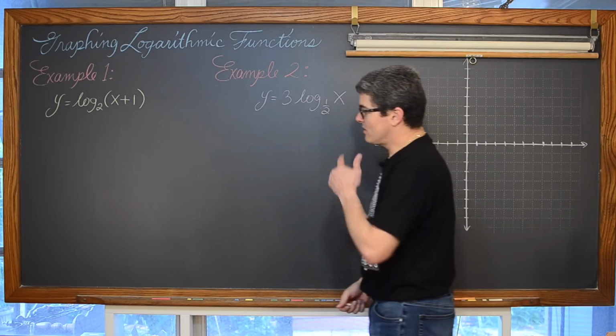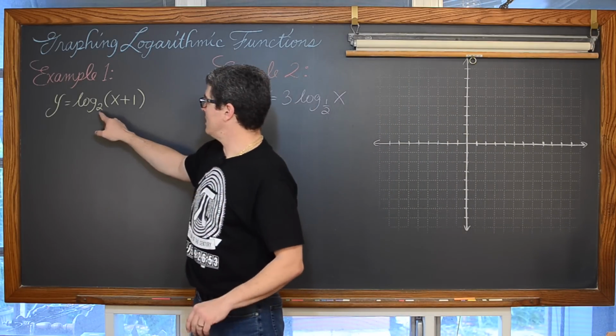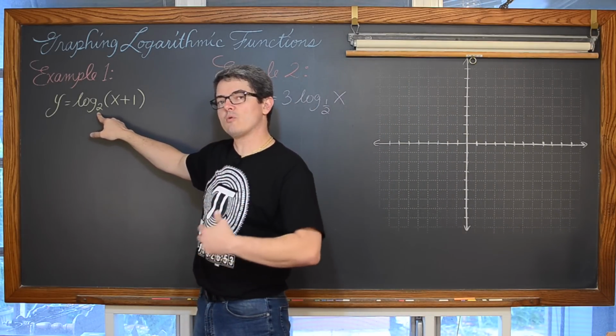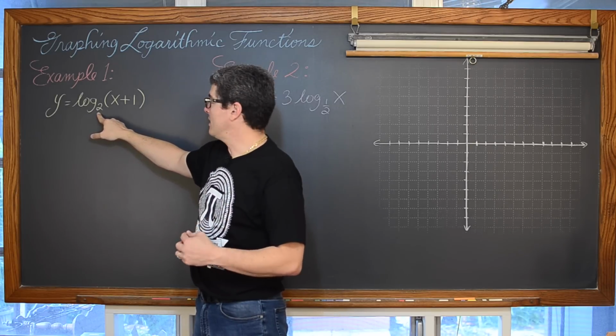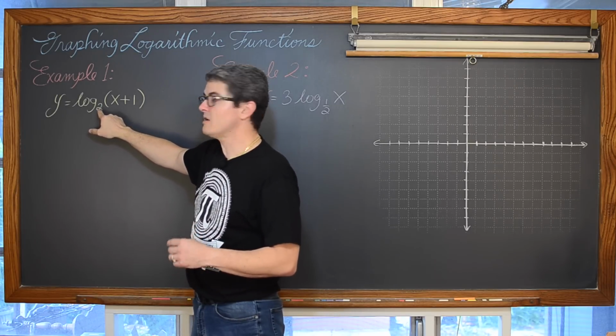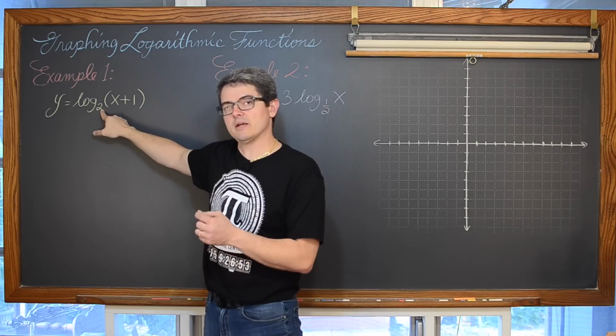Okay, so when you convert from log form into exponential form, you need to remember that, of course, the base of the logarithm is going to be the base in exponential form.